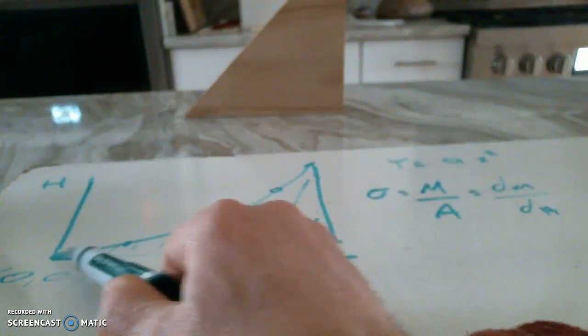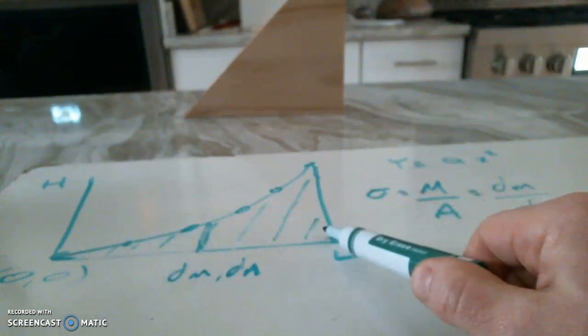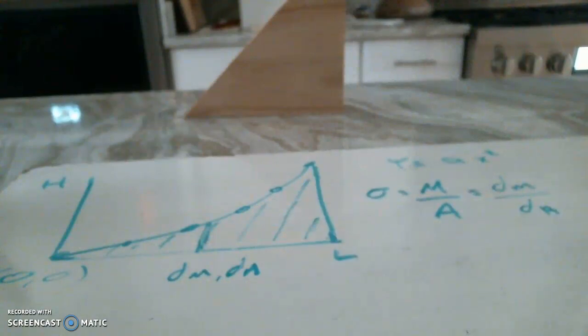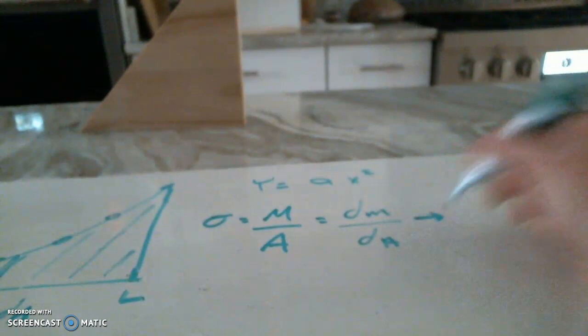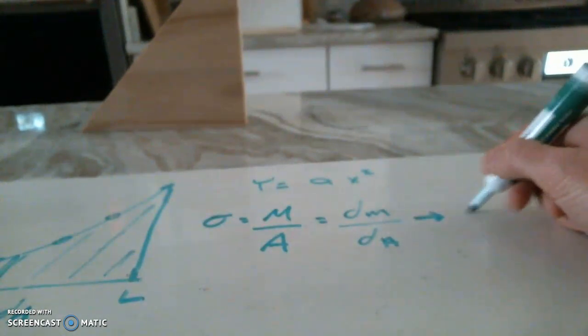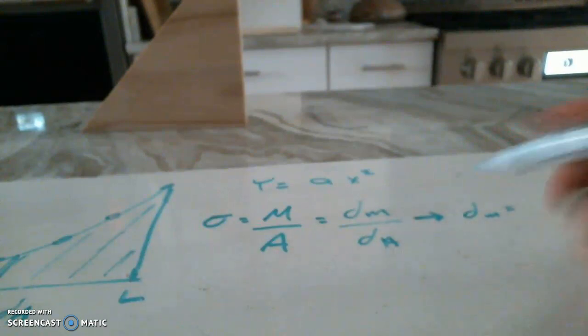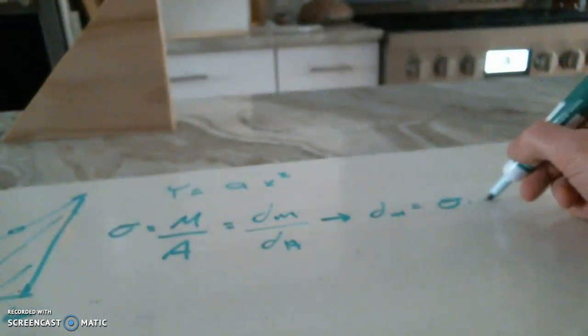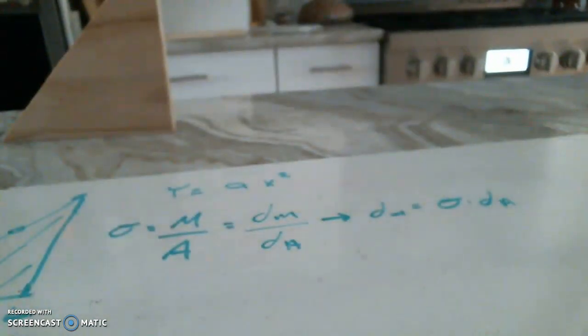If I add up all those thin little slivers area-wise, I will get the A whole, right? So that's the procedure we'll use there. And again, if I have a swap between a dm, which I will, that differential mass then is the same thing as the density times differential area. So it's a sigma times a dA.